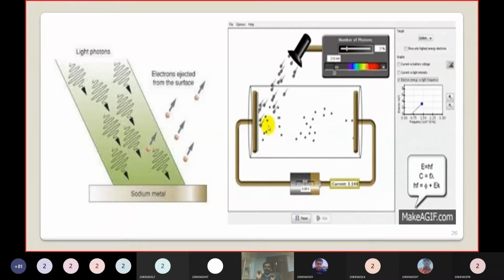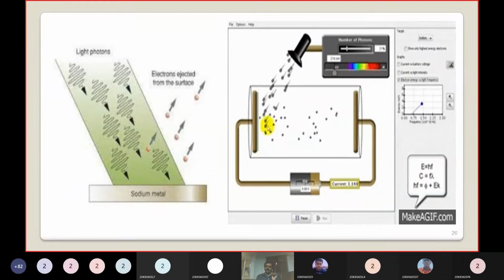By using the photoelectric effect, we can explain that light has particle nature. By using wave nature, we cannot explain the photoelectric effect. So if the photoelectric effect is occurring, light should have particle nature; only then will the photoelectric effect occur.